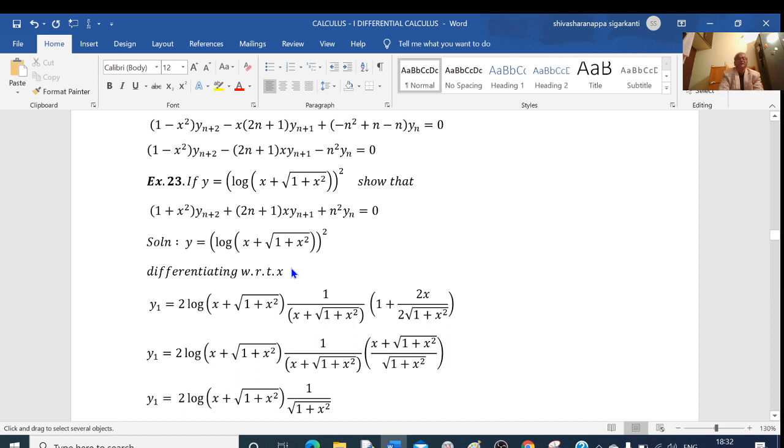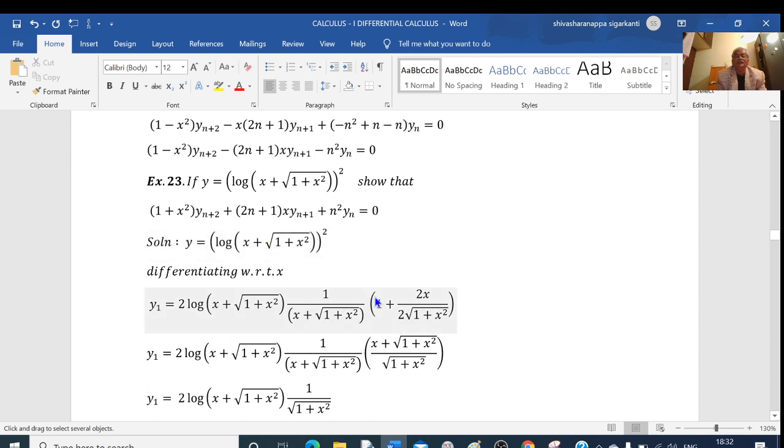Differentiating this with respect to x once, we get y1 equal to, first power derivative, 2 into log of (x plus root of 1 plus x square) into the log derivative, which is 1 by (x plus root of 1 plus x square) into the derivative of this function.